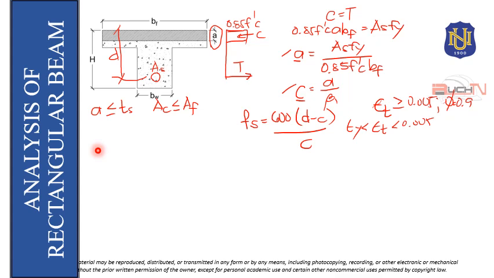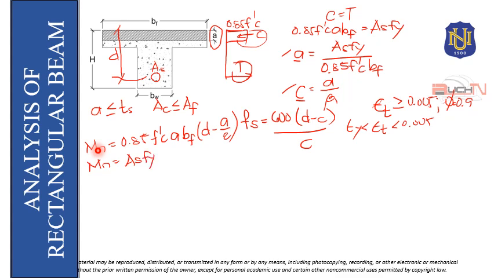Then, after that, pwede natin kunin si Mn, which is pwede natin kunin on the compression side or on the tension side. So, it's either 0.85 F prime C, yung A actual natin times B sub F now, times D minus A actual over 2. Tapos, pwede din natin kunin yung Mn through AS Fy kapag na-prove natin na steel yields Fy yan.